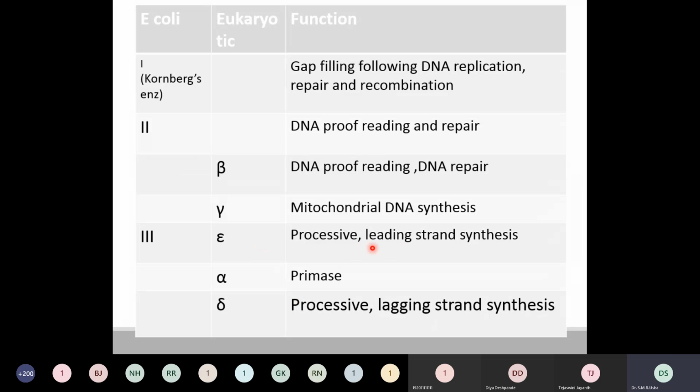Epsilon for processive leading strand synthesis. Whereas E. coli has 3 enzymes. DNA polymerase 1 in E. coli is called Kornberg's enzyme. Out of these 3, DNA polymerase 3 is the major replicative enzyme. So all this, whatever I have told you, is about DNA polymerase.